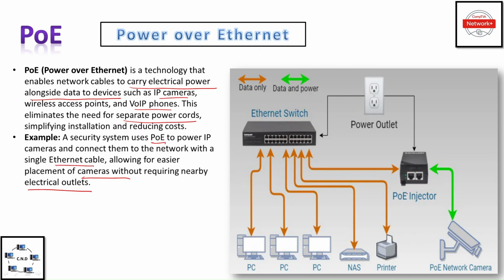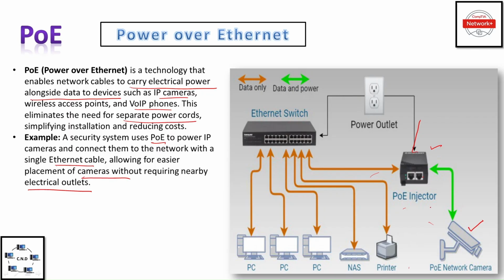So this is how it works. Let's suppose you have a camera over here. So this is the PoE device. You can plug the camera Ethernet cable over here and the next port to the switch, and also plug this device to the power.